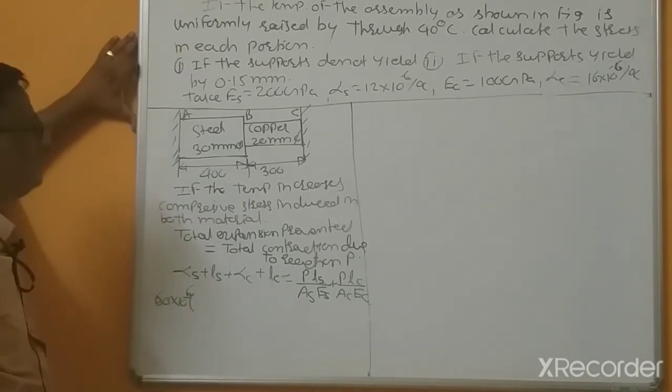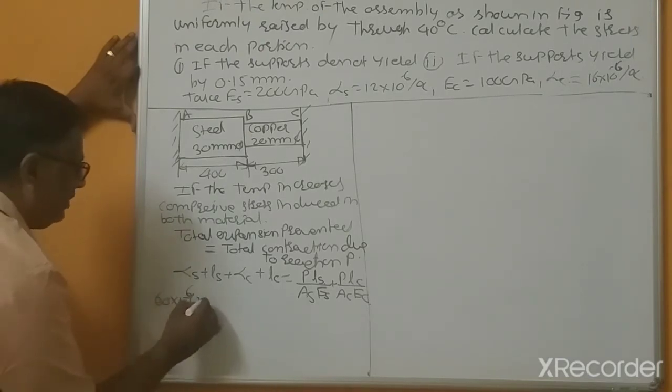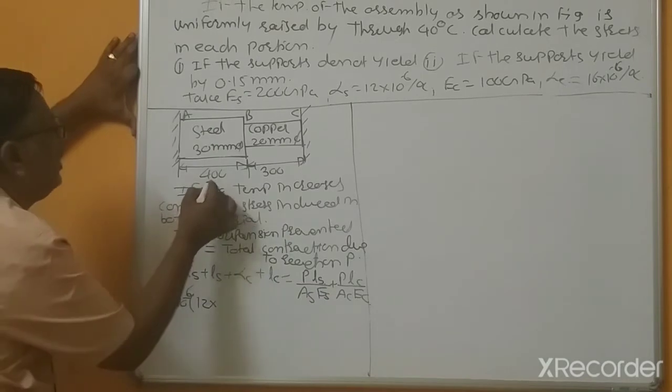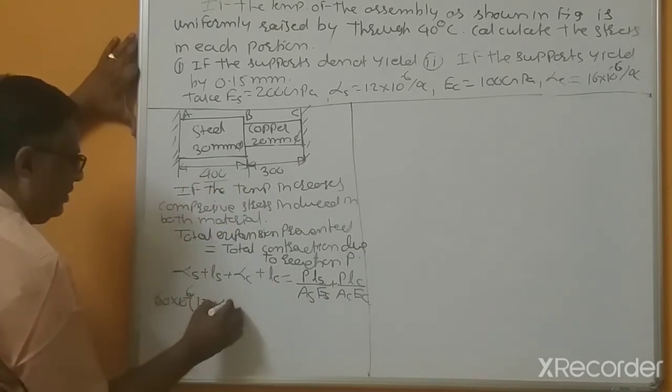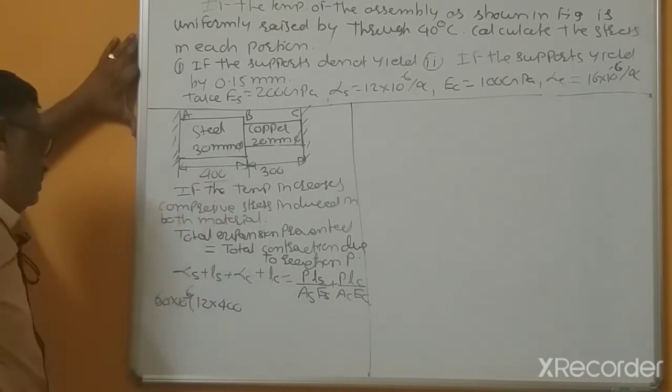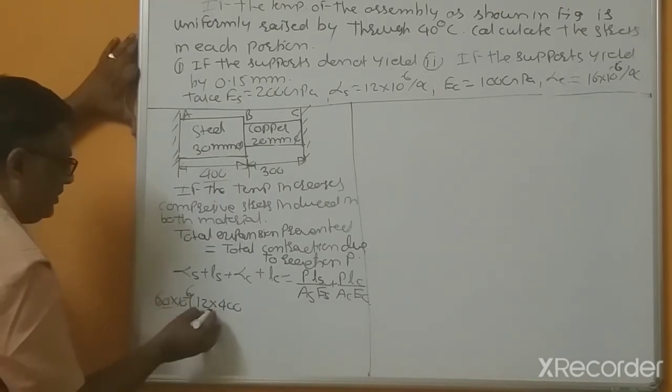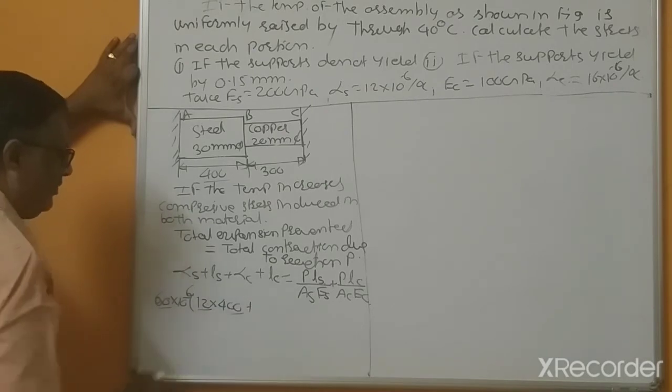Now alpha S is 12, length 400. So here are three terms. This is one term, this is second, this is third, right.